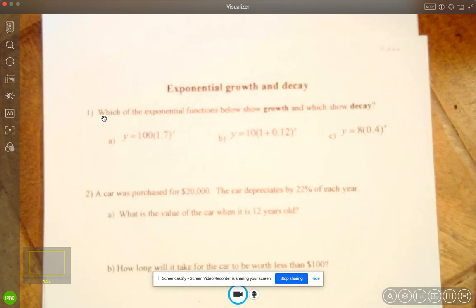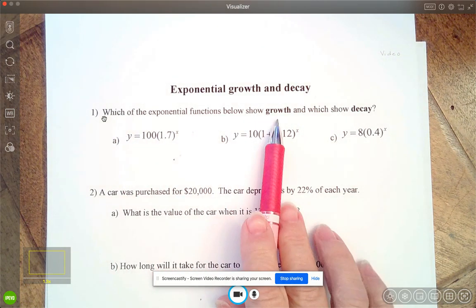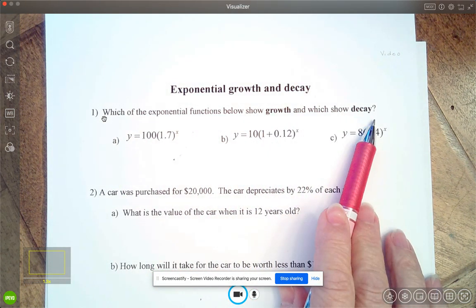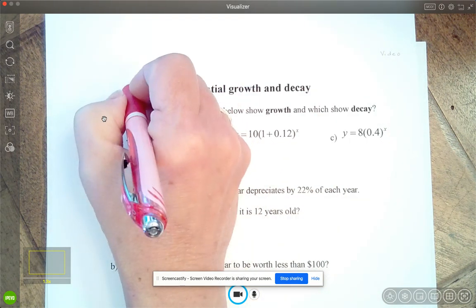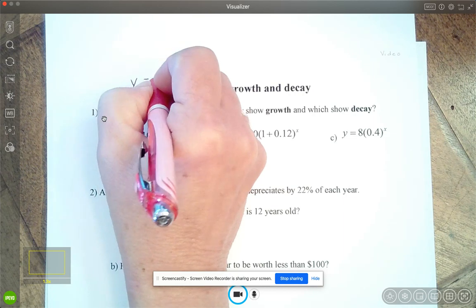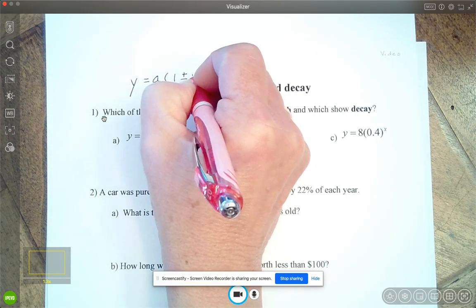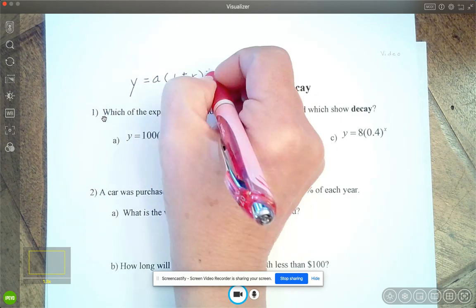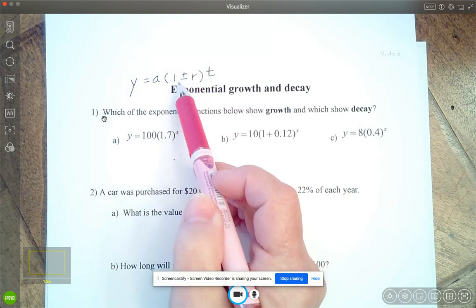Here's some exponential growth and decay. Which of these exponential functions shows growth and which one shows decay? If we remember, this is my B value, to the T. Remember, if it's plus, if it's growth, it's going to be greater than 1.